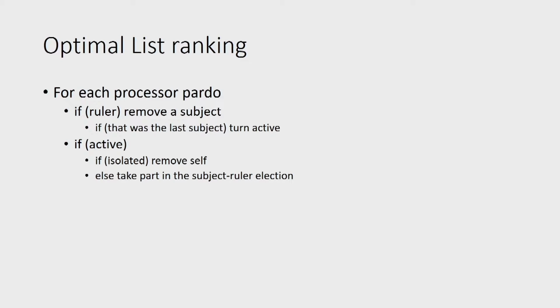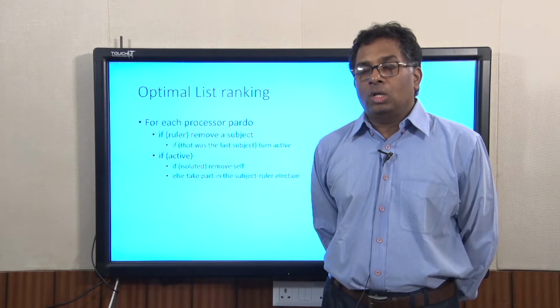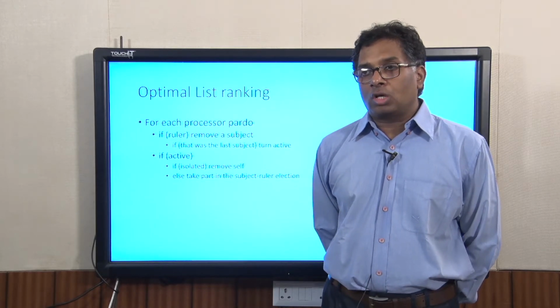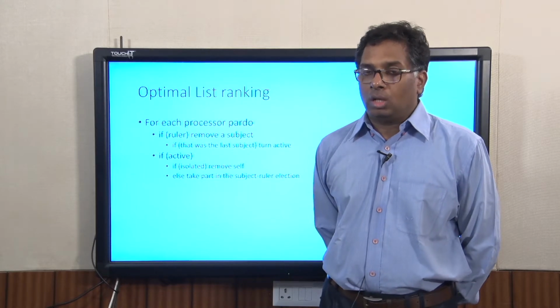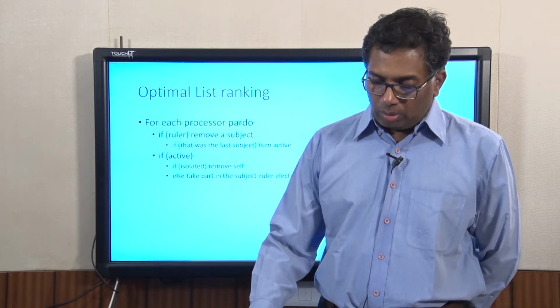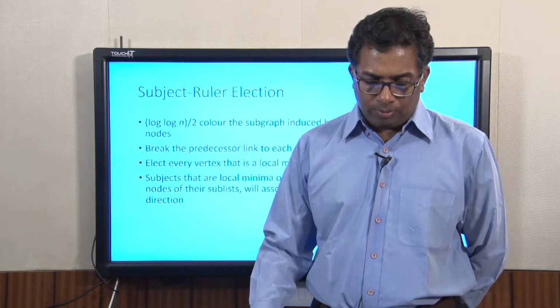In this case, it will take part in a subject ruler election. So, every node which is a part of the sublist of active nodes will take part in the subject ruler election. And then once the subjects and rulers are elected, the subjects will be left in charge of the ruler, and the respective processors there will be advancing in their columns. So, this is the gist of the algorithm as we have seen in the previous class.